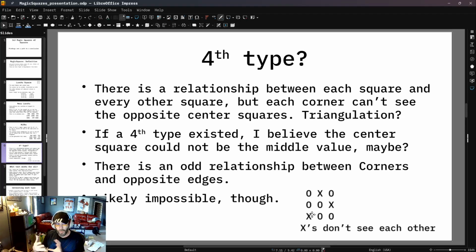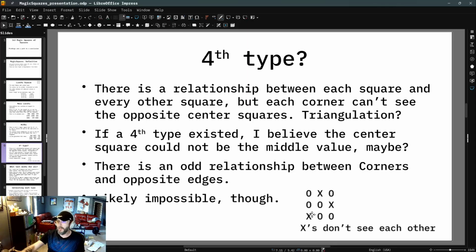This is really why all of the magic squares always need the number in the center of the 3x3 grid to be the middle value that everything pivots around, which we'll talk about more in a moment. There's really no way around that I've found. I tried and tried and tried.